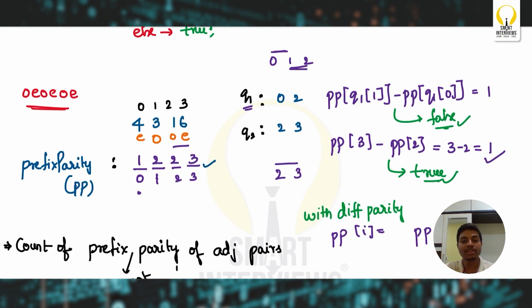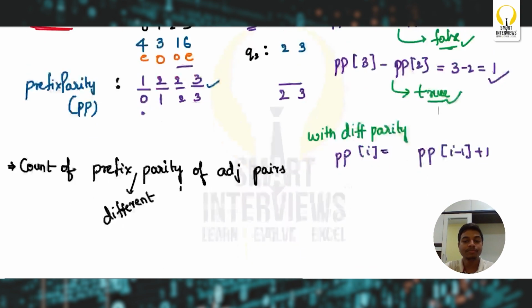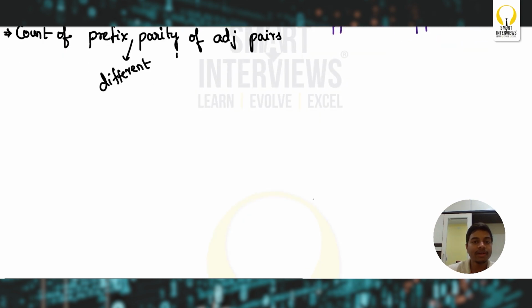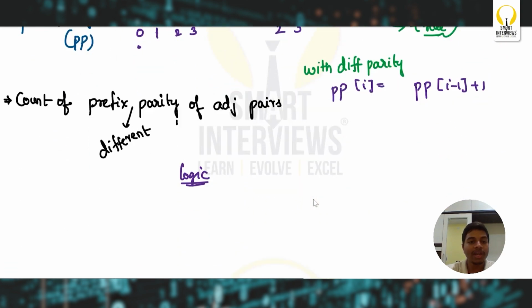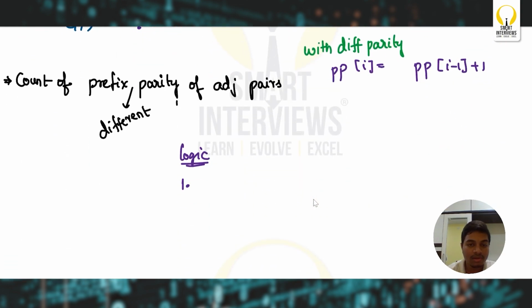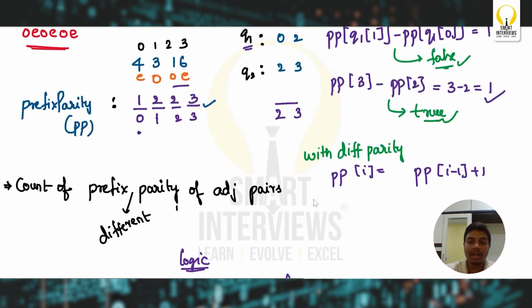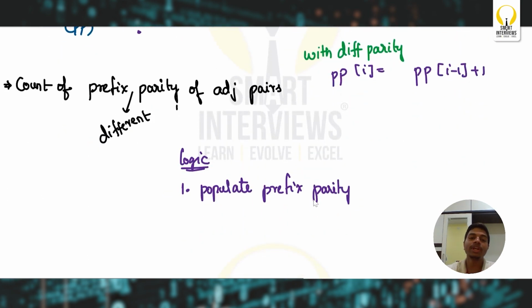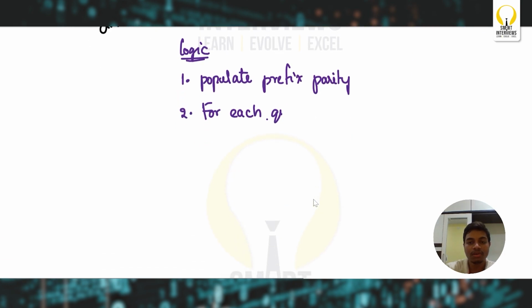And with this, what is the complexity compared to the previous? Firstly, what all things we actually did? We tried to populate prefix parity. And after populating this prefix parity, we are trying to iterate on queries, for each query.